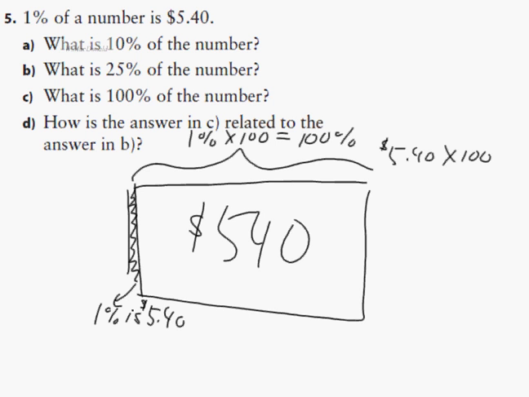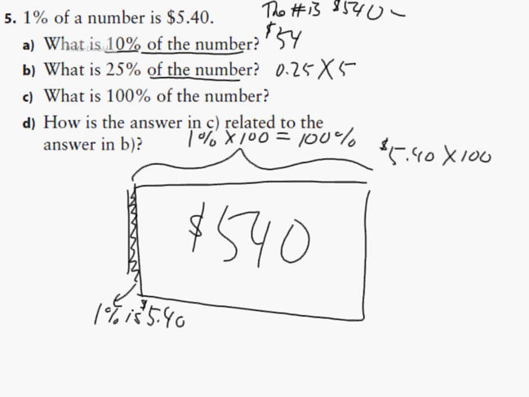So the whole number is $540, and therefore once I know that, the number is $540. So 10% of the number would be $54 because I moved my decimal one place over. 25% of the number would be, well, mentally I could do half of it and then do half again, but I'm just going to go 25% of 540 and use my calculator.